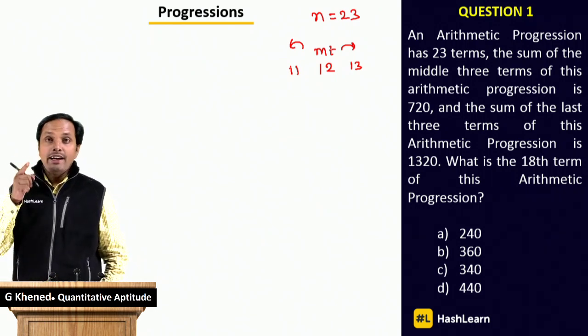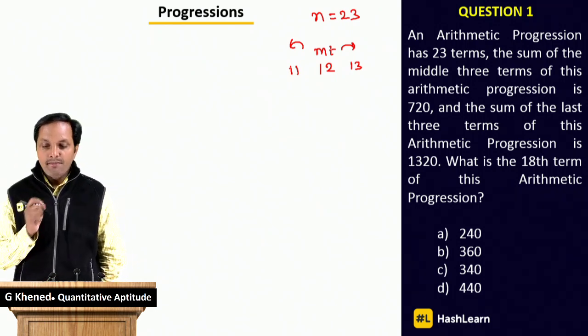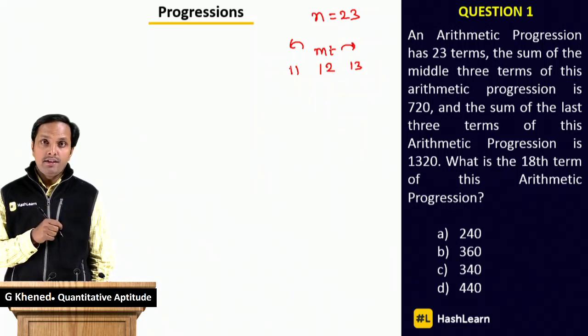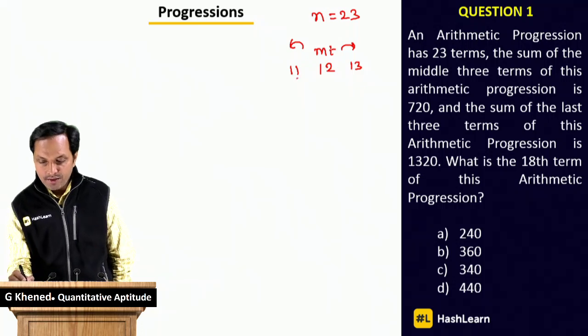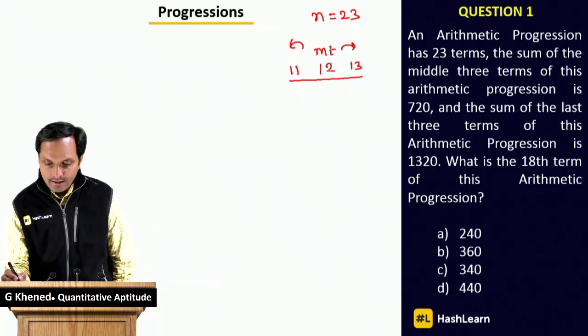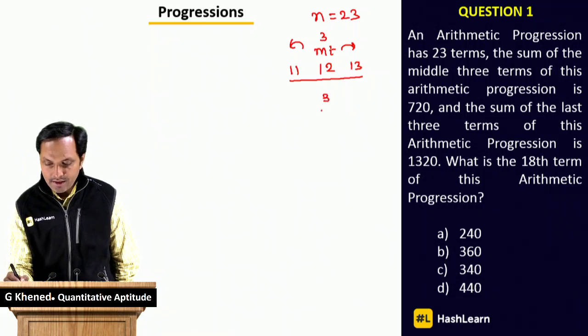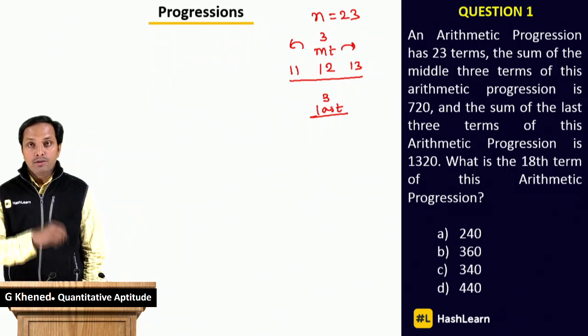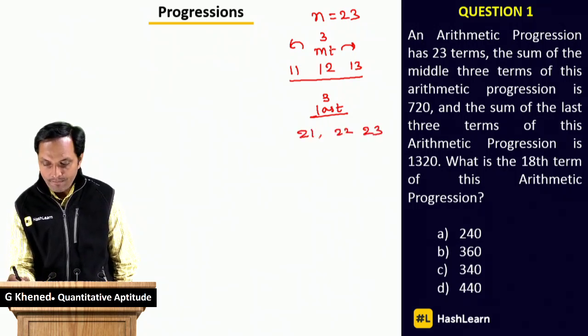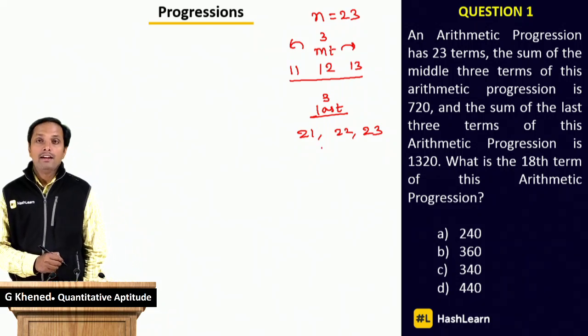So 3 middle terms means 11th, 12th and 13th terms. And the 3 last terms are the 23rd, 22nd and 21st.